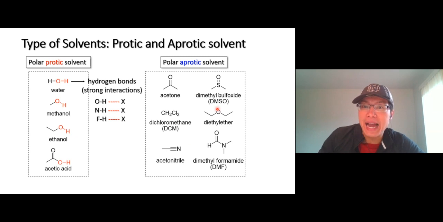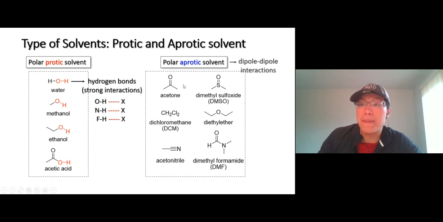On the right side, we call them polar aprotic solvents because they don't have a proton on them. The interaction they can form is just a dipole. Of course, acetone can form a hydrogen bond as a hydrogen bond acceptor when you mix acetone with water, methanol, ethanol, or acetic acid. But by itself, it cannot form a hydrogen bond.